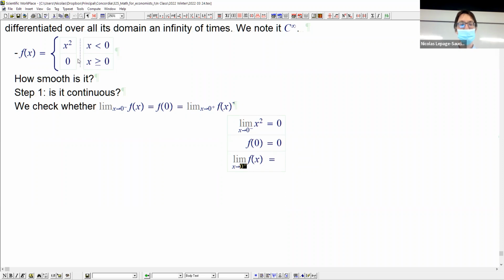I take again this section, so it's equal to the limit of this function, which is just 0. So yes, it is continuous.